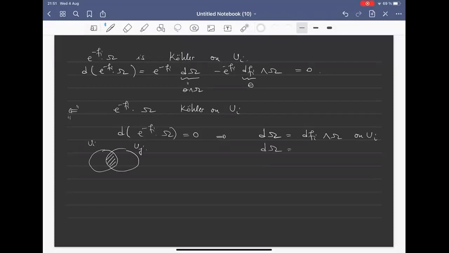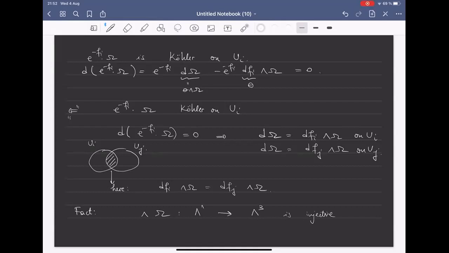At the same time, we know that d omega is df_j wedge omega on U_j. So here, we know that df_i wedge omega is equal to df_j wedge omega. But a simple linear algebra fact tells us that wedging with a non-degenerate form is injective when applied to one-forms.